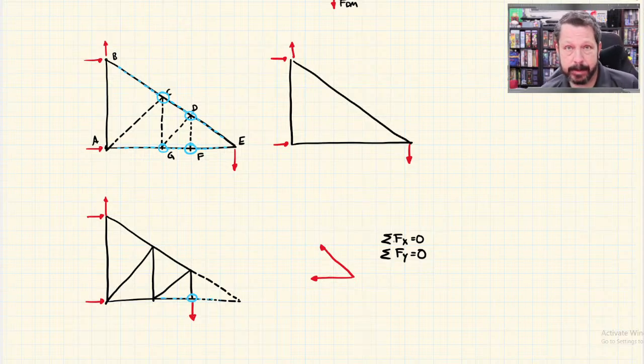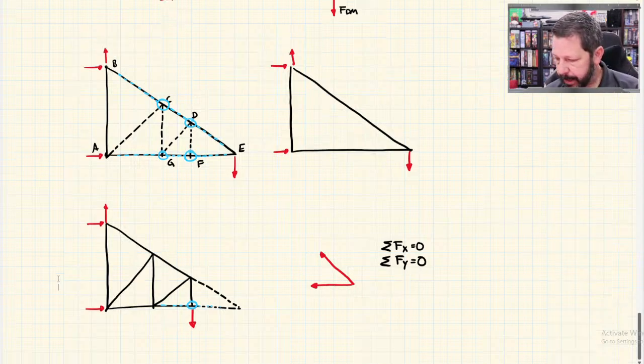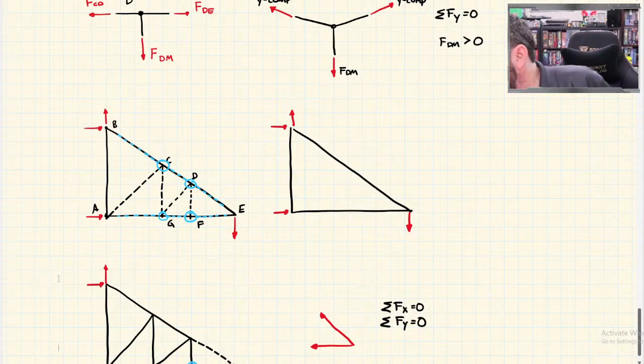So anytime you have 2 members that come to a point and there's no force at that point, then both of those are zero force members. Only if there's 2, though. If there's more than 2, then you might be able to work it out. But if there's 2 that come to a point with no force at the point, those both are zero force members. All right. I think that is enough for today.